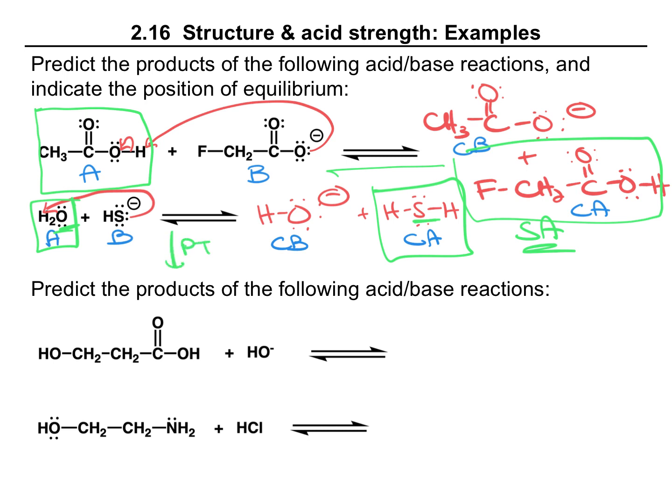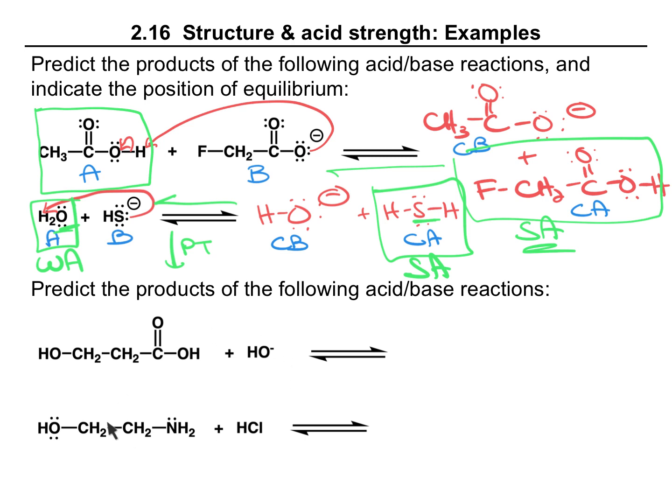As we compare down the periodic table, size is the most important factor, and because sulfur is larger than oxygen, this is going to be the stronger acid, and water is going to be the weaker acid. So once again, the equilibrium lies to the left. Even without the pKa values, we can still determine the relative position of equilibrium.